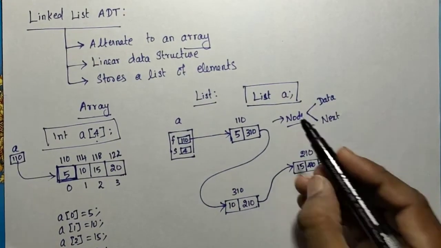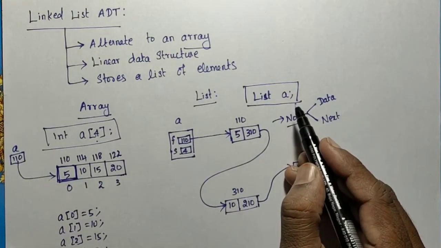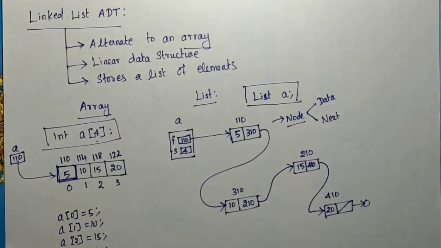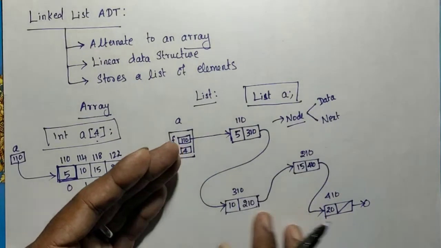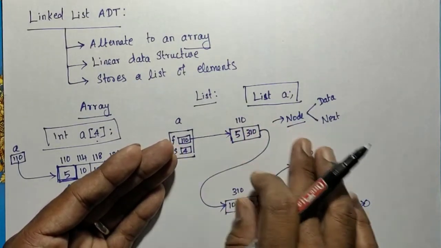It means in the list we can store any number of elements. There is no restriction, because during element insertion, only at that time the memory for that element will be created. It means these memories will not be created at compile time.